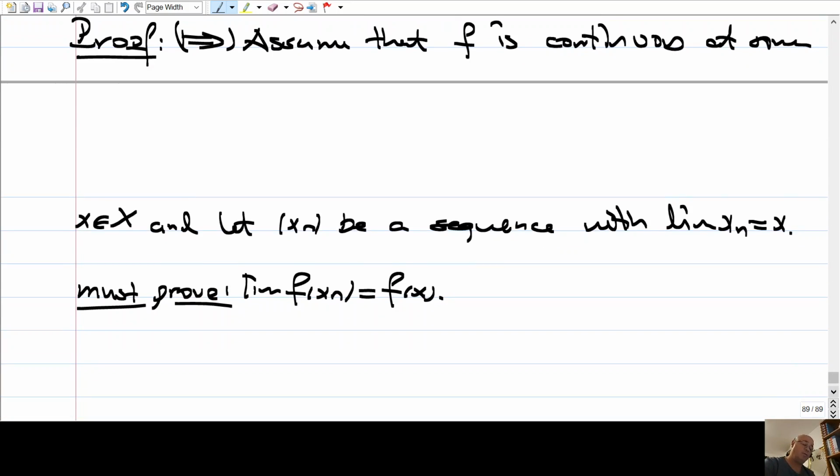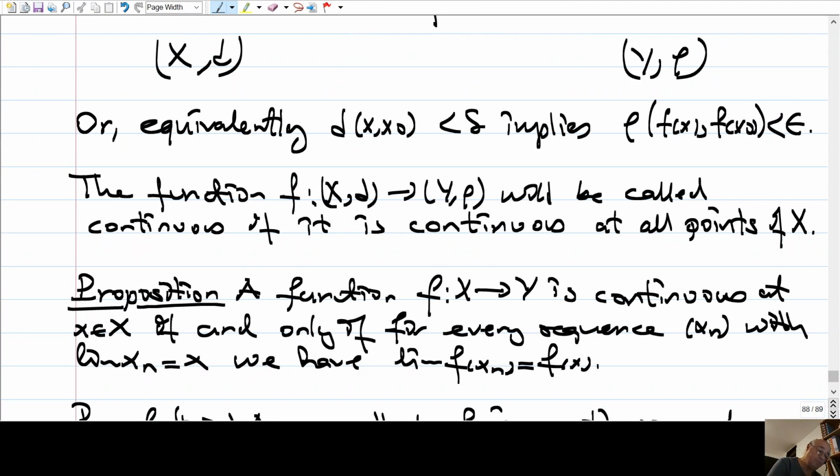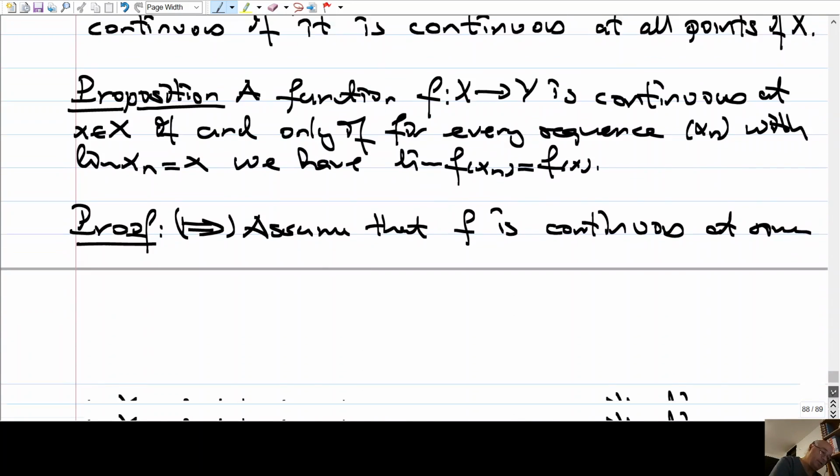How can we show whether a sequence is converging to a point or not? Well, we have to use the epsilon definition for sequences. So given epsilon positive, since my function is continuous by assumption, it satisfies this hypothesis.